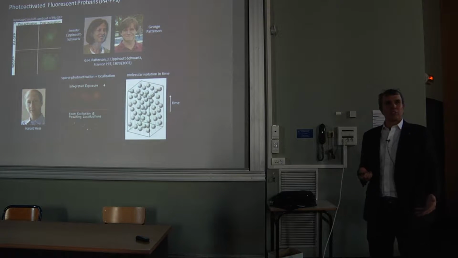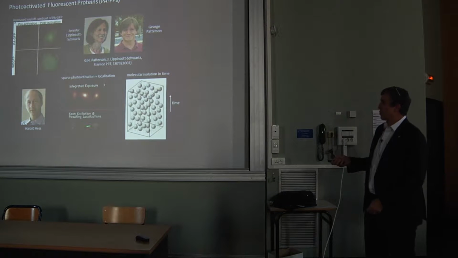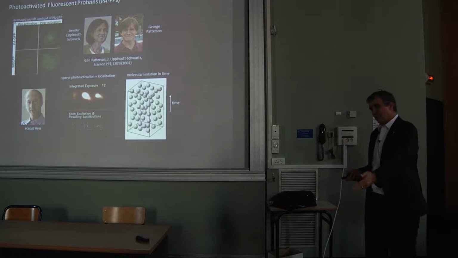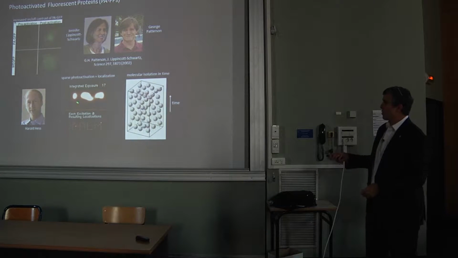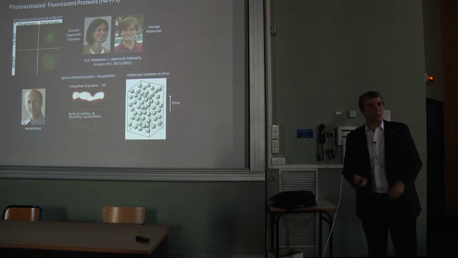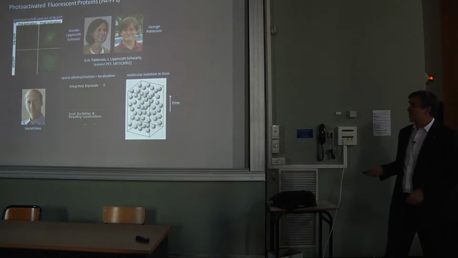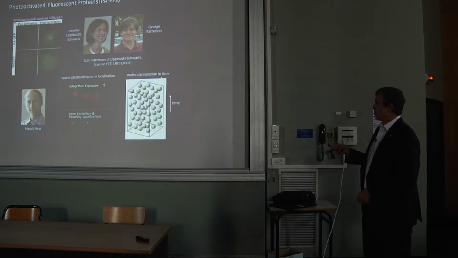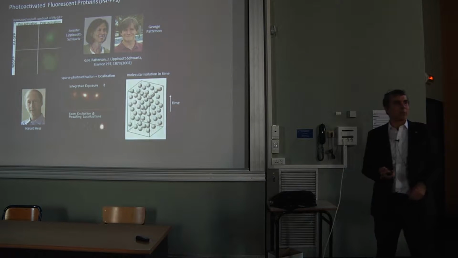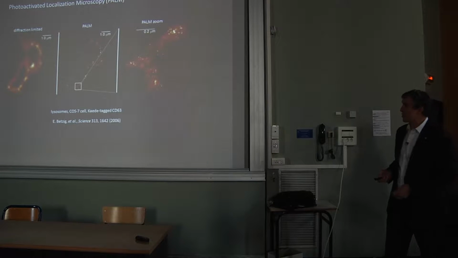Those either bleach and turn off, or they turn off by other means. And then you can find those centers and do that again, turn on the activation, find the centers, turn them off, on and on again, with different subsets until you start to build up this super resolution image. So it's the idea I had a decade before, but instead of wavelength, doing it in time and turning on the molecules.